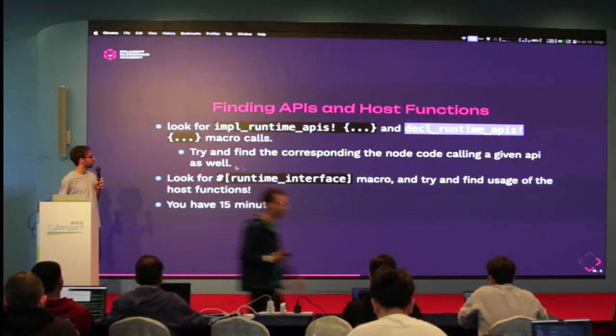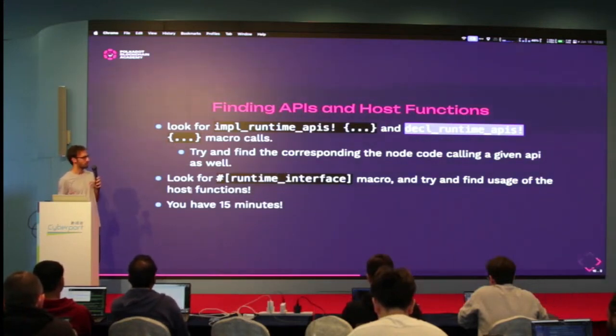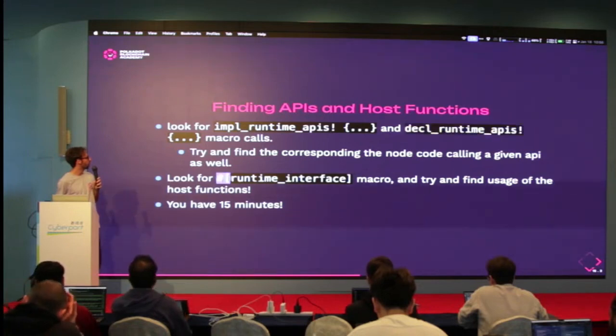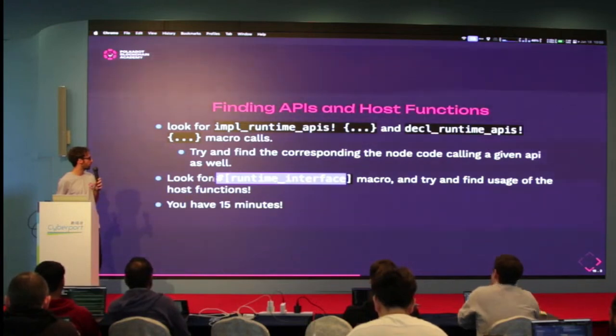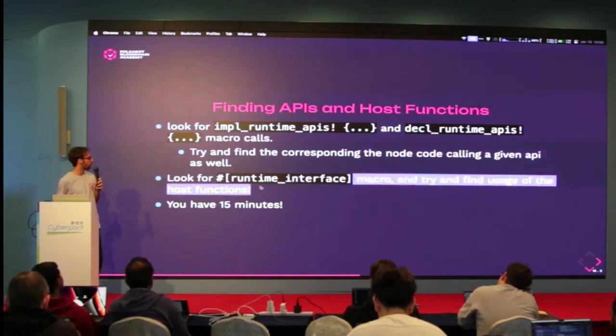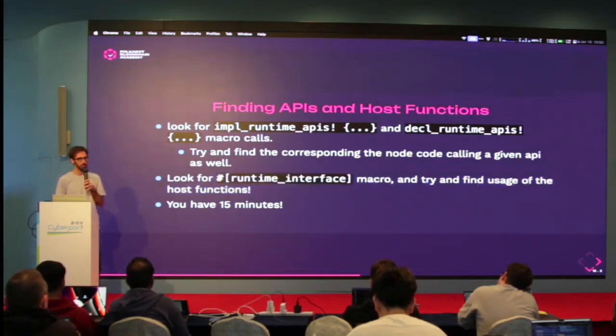Just one second before you start, because I see some people already jumped ahead. I think it's to your benefit to wait until I finish. For the host functions, just look for this attribute macro, a custom one called runtime_interface. See where you can find it, and with this macro you're going to find all the host functions that are defined in Substrate.